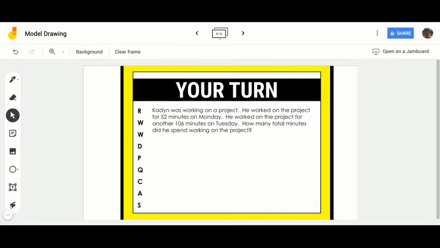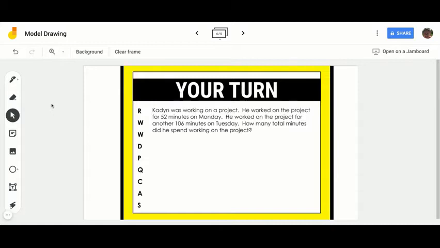All right, our R stands for read the problem. Let's read it together. Caden was working on a project. He worked on the project for 52 minutes on Monday. He worked on the project for another 106 minutes on Tuesday. How many total minutes did he spend working on the project?